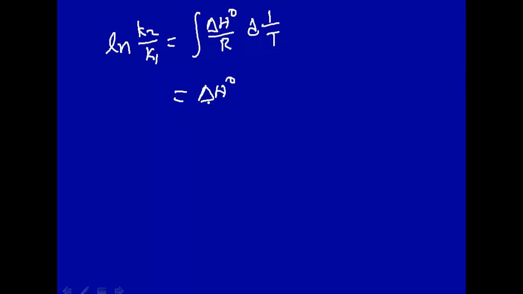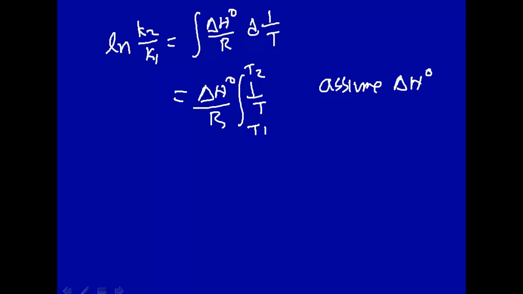So delta H0 over R, the integral of d(1 over T), evaluated between T1 and T2. Here we're assuming that delta H0 is independent of temperature.